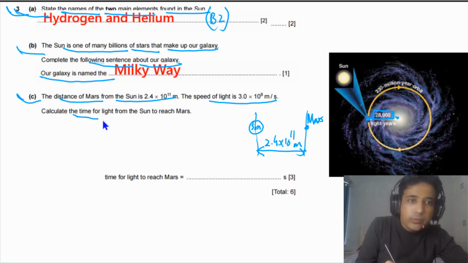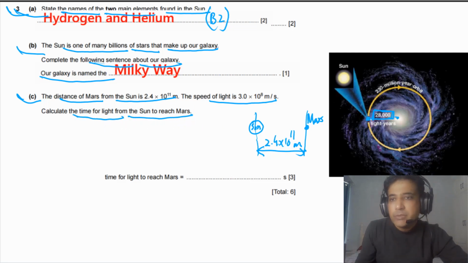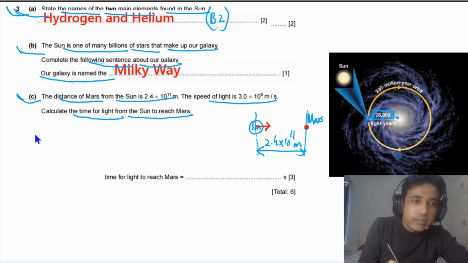We need to calculate the time for the light from the sun to reach the Mars. It simply means that if the light travels from the sun, how long this will take to reach the Mars, that time we need to calculate. But we have the distance and we have the speed of the light. So simply in this case we can say the speed will be equal to distance over time, and we need to calculate time in this case.